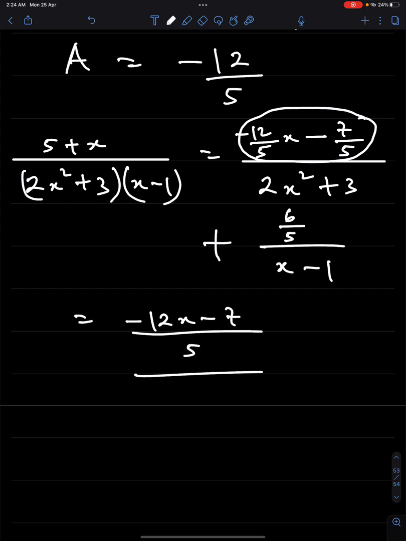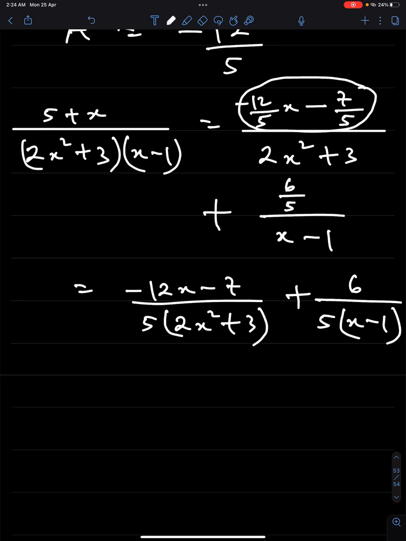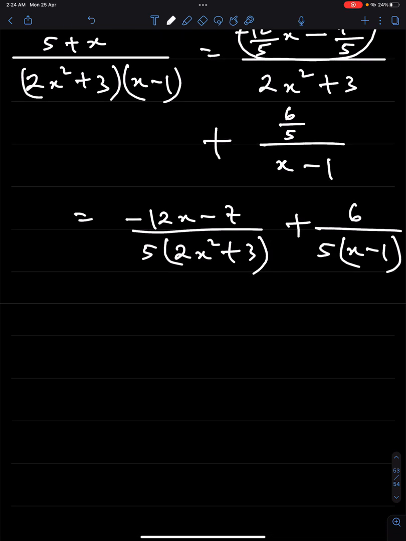If I divide that by 2x squared plus 3, it is simply minus 12x minus 7 over 5 into bracket 2x squared plus 3, and then plus 6 over 5 times x minus 1. So that's it, very, very simply.